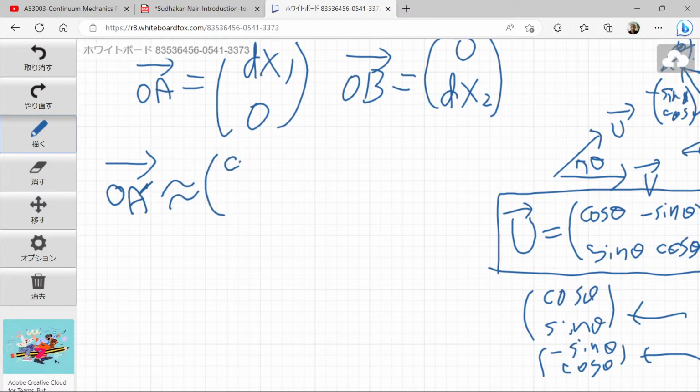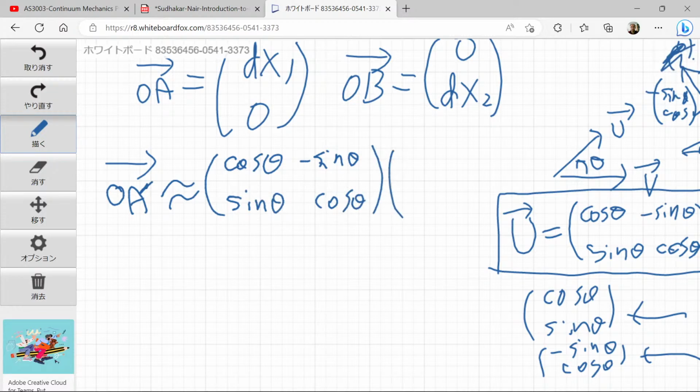See here, cos theta, minus sine theta, sine theta, cos theta. Yeah. Then here you have dx1 and 0.